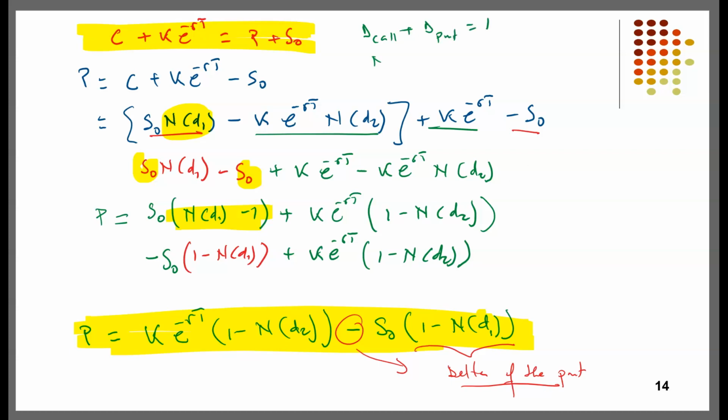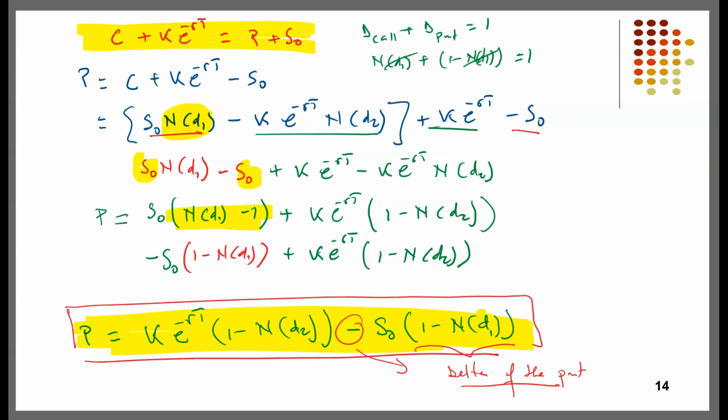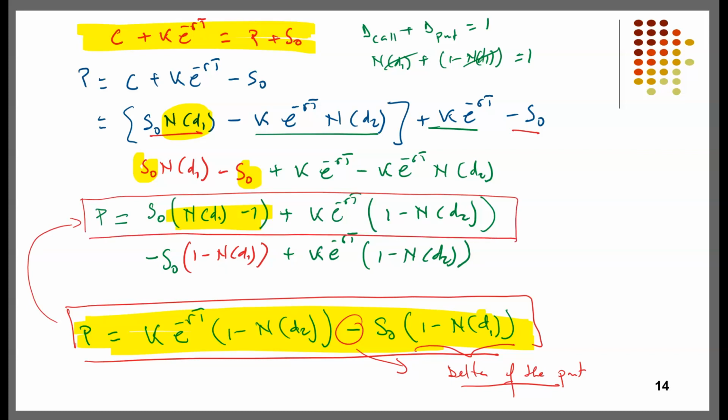So we can have N(d1) plus 1 minus N(d1), and the N(d1) terms cancel each other, so it's equal to 1. That's one of the reasons this is often written in this format rather than the other, although they are identical.